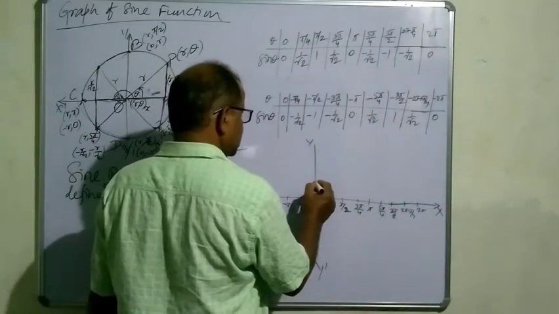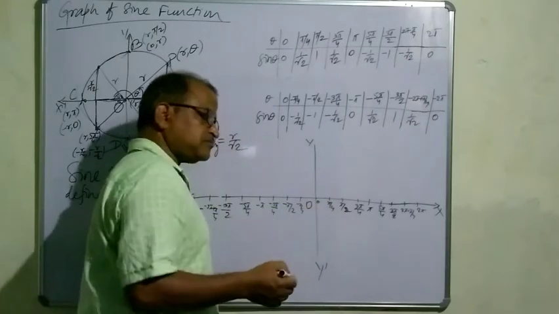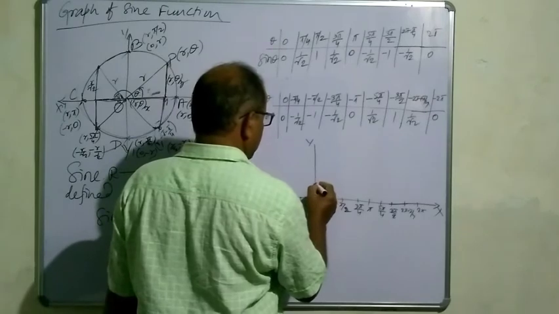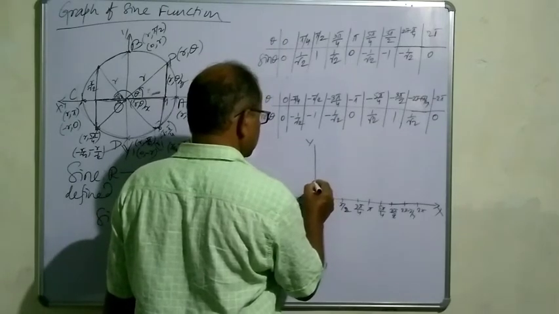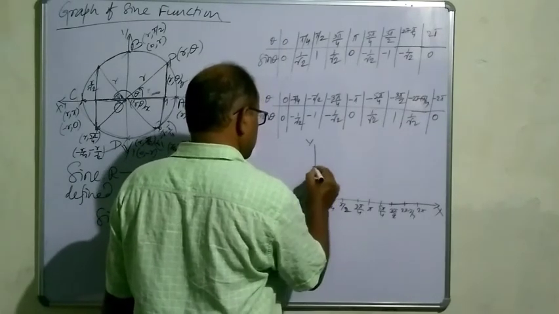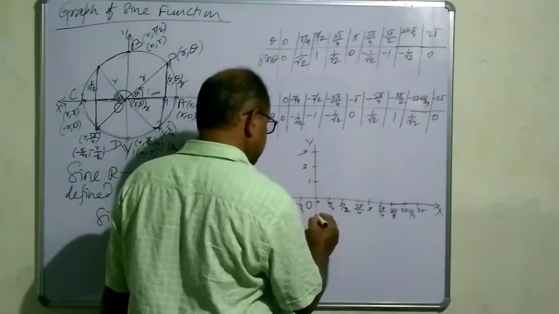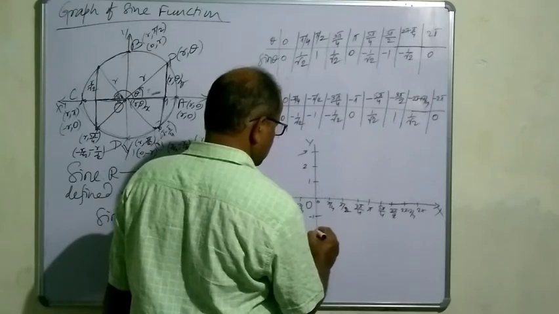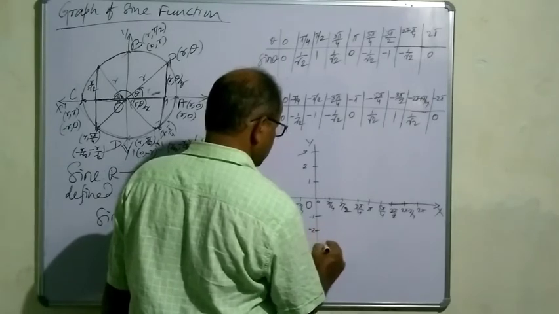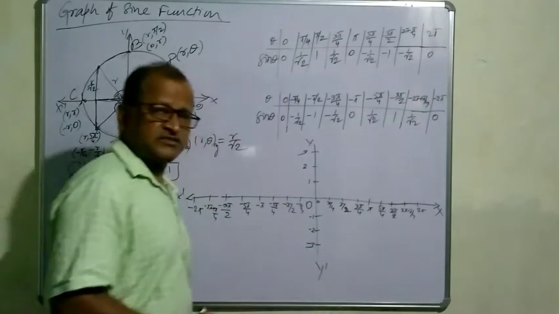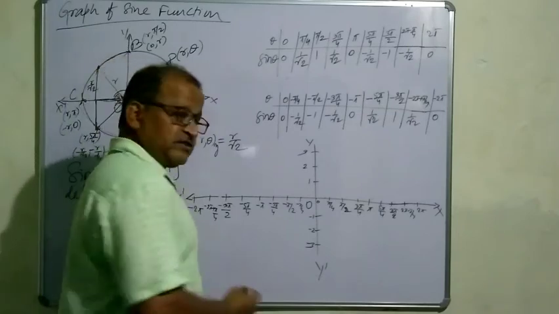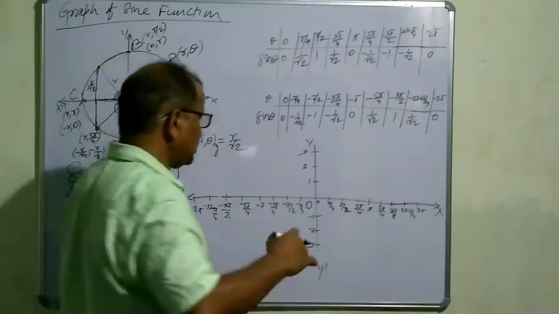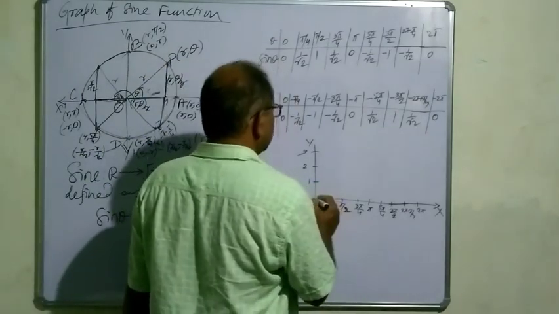Now suppose here it is 1, 2, 3, like this. It is minus 1, minus 2, minus 3. Yes. You take the graph paper, you will find the actual curve. Yes.